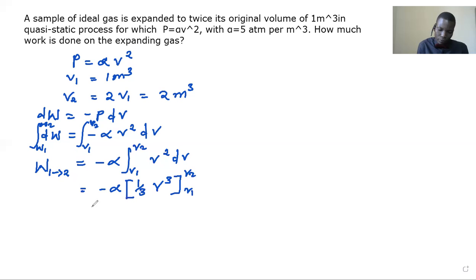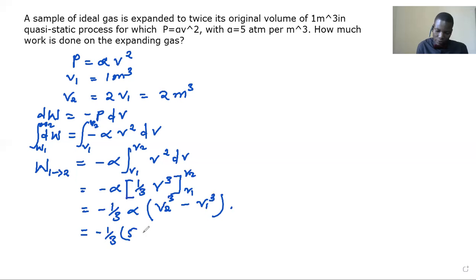So we have W equals 1/3 alpha times V2 cubed minus V1 cubed. Now we can plug in the values, where we have 1/3, and then alpha we have 5 atmospheres per cubic meter.